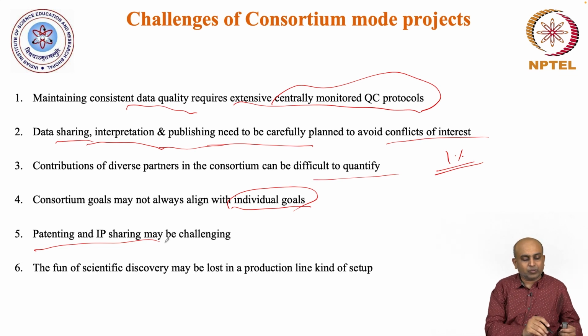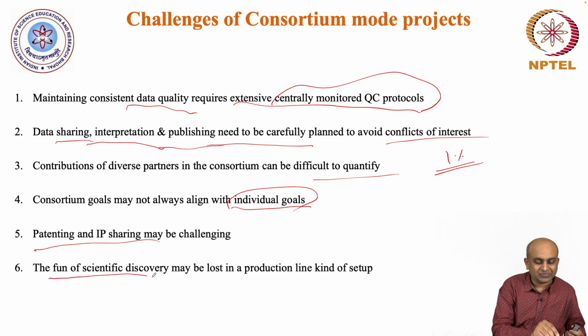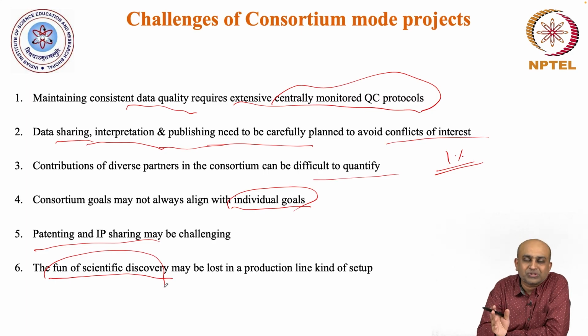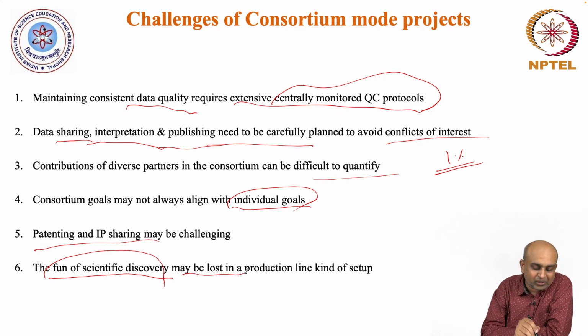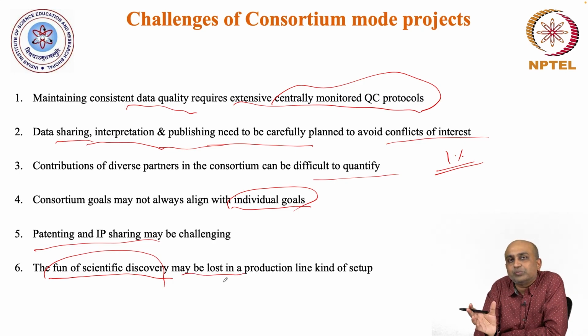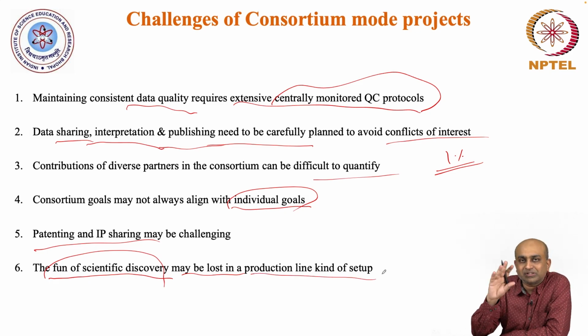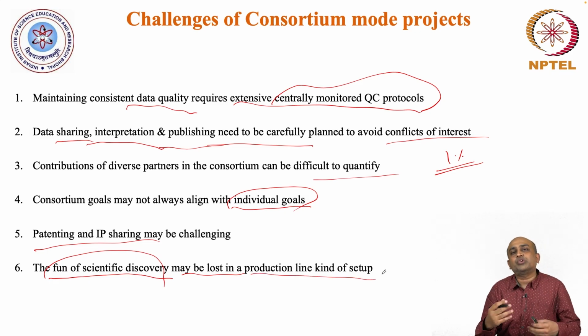But then you also have the fun of scientific discovery, right? It's a driving force for most scientists, that's the reason they want to do science. This could be lost, right? Because if you are doing these kinds of huge mega consortium projects, you're just given part of the task and you're like a part in this huge production line or a cog in this big machine, and you're just doing your part, right?